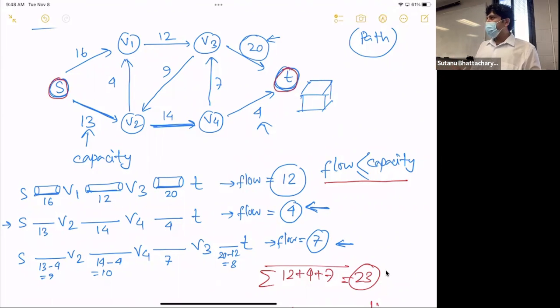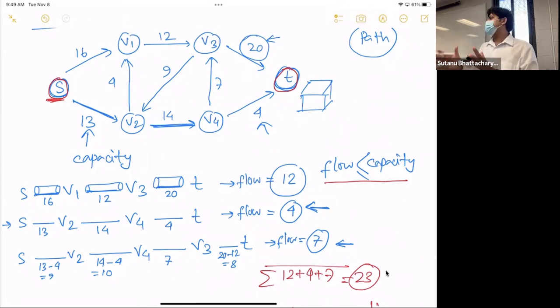And here we have assumed that the source node has unlimited capacity, meaning an unlimited amount of liquid. There is no limitation. So the source node has an unlimited amount of liquid and it can send unlimited amounts based on the capacity of the pipeline. So don't think that the source node will not have the supply of liquid.